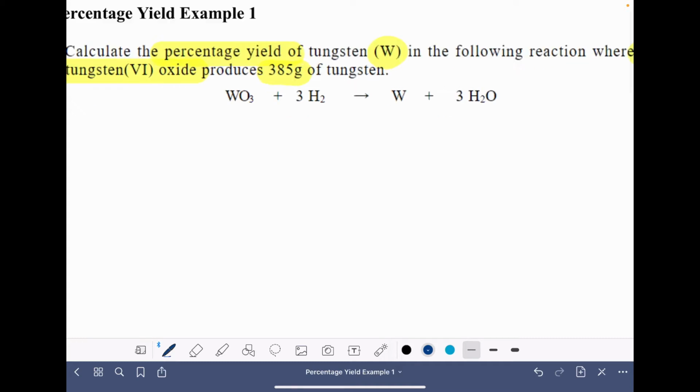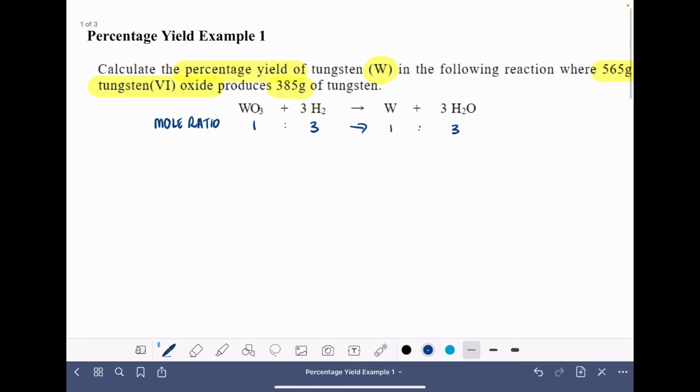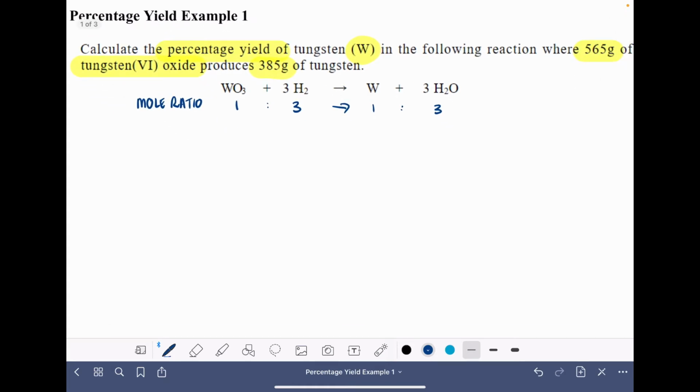From a balanced equation, we can work out the mole ratio. And that tells us how many moles of each reactant react together and how many moles of each product are formed. In this particular example, we are only interested in the tungsten oxide and the tungsten. We've got 1 mole of each thing.